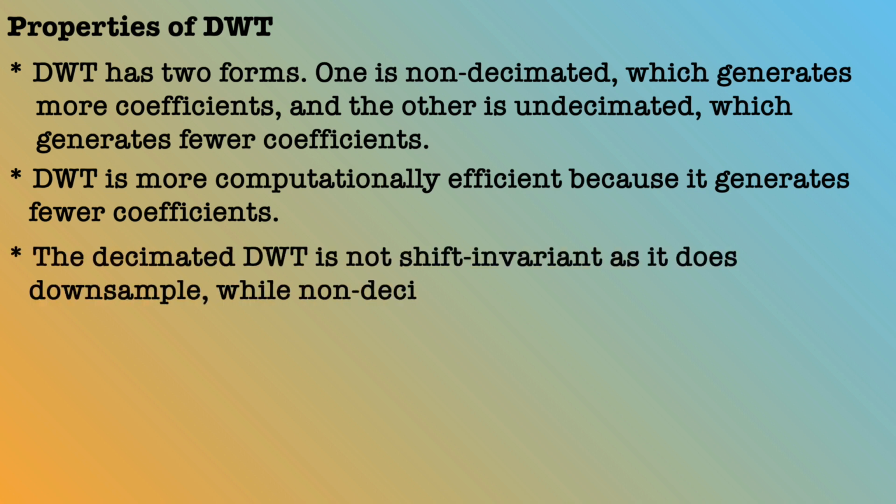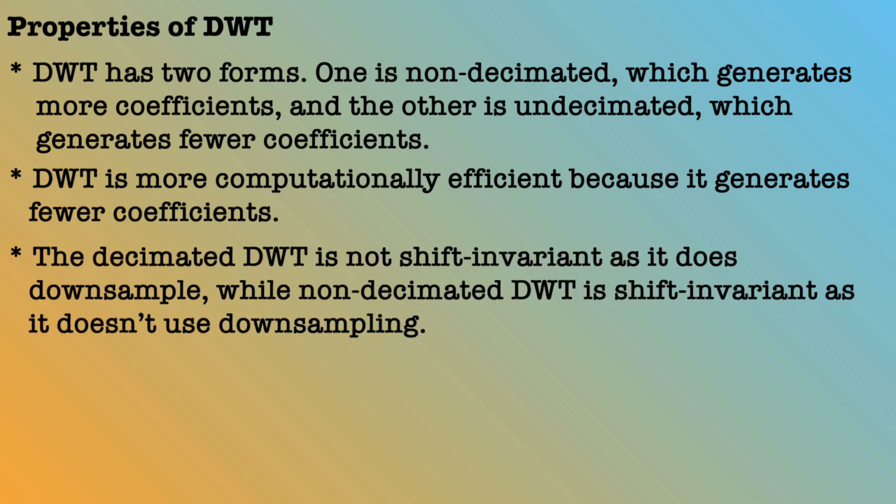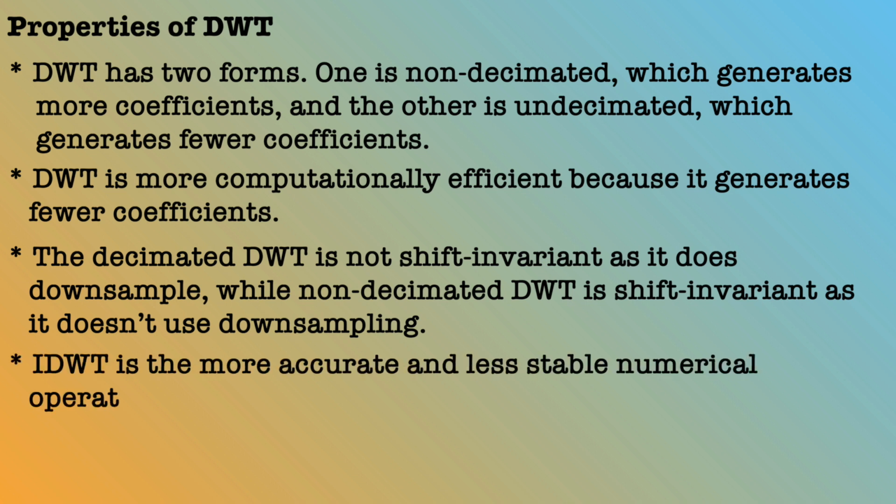The decimated DWT is not shift invariant as it does downsample, while non-decimated DWT is shift invariant as it does not use downsample. IDWT is the more accurate and less stable numerical operation with precision.